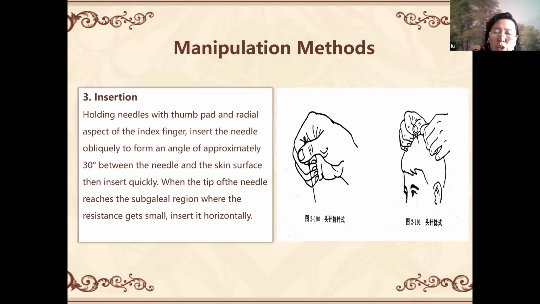If you feel it's easy to twist the needle, it means you have reached the subgaleal region. So this is the key point we would like to recommend for the insertion.